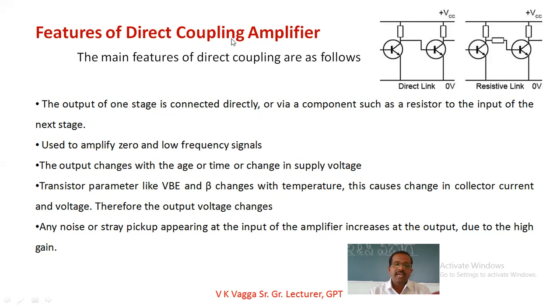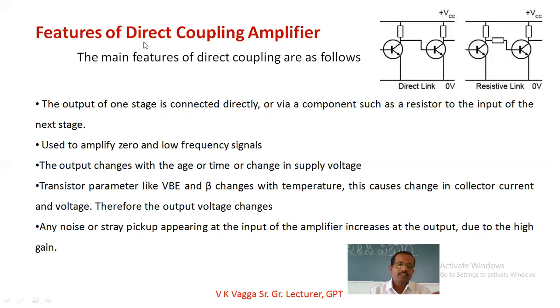Direct coupling amplifiers are usually high gain amplifiers, so even minute noise acting as an input changes the output and gets amplified.